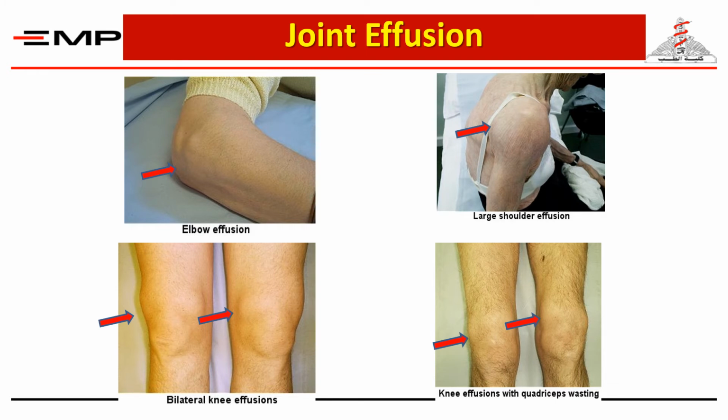The upper picture on the left is a swollen elbow with effusion. The upper right shows effusion causing swelling of the right shoulder. The downward pictures both show knee effusion.